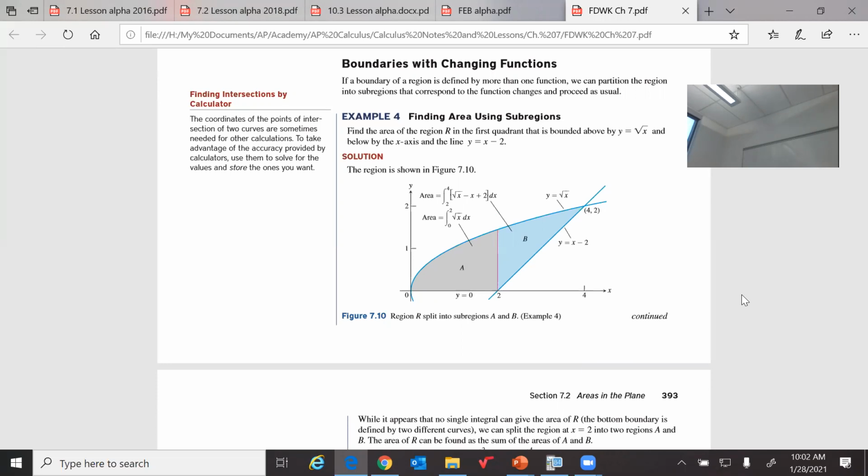Then the gray one is root x take away the line. Upper take away lower. So in order to make this consistent, when we get to the PDF, I wrote A as root x take away 0, which isn't going to affect your calculation, but it's going to make how you set the problem up more consistent.